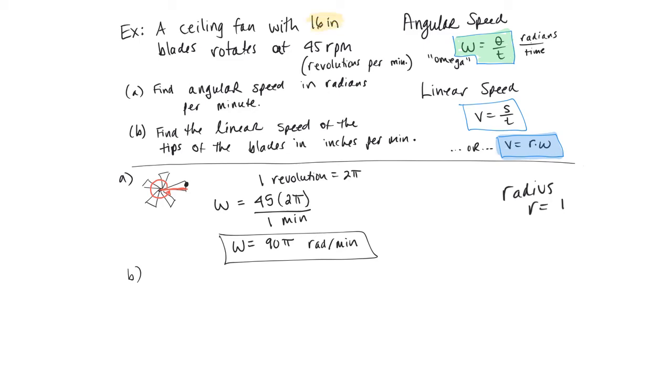And we just found omega, the angular speed, was 90 pi, and so we put that together, and our linear speed V is equal to radius times angular speed, R times omega, so we'd get 16 times 90 pi, and our measurement there is in inches.